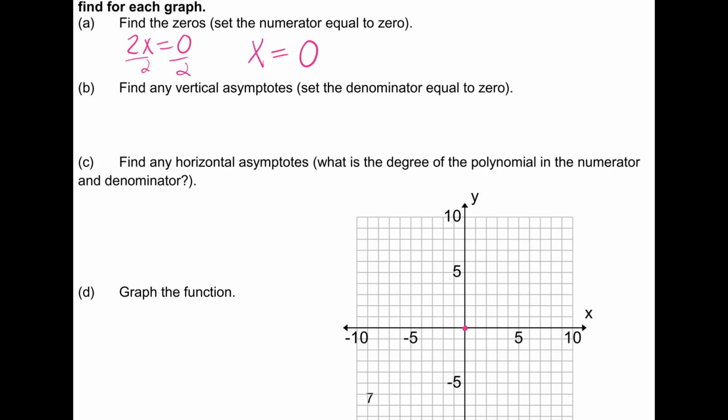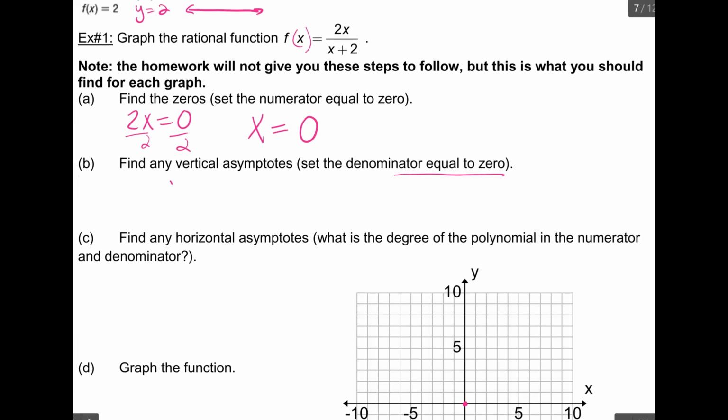Find any vertical asymptotes. So how do I find the vertical asymptotes? Set the denominator equal to 0. Man, it's like I wrote it for you. Okay, so let's take the denominator. That's the bottom one. So the bottom is x plus 2. So I set x plus 2 equal to 0. To get that x by itself, subtract 2.